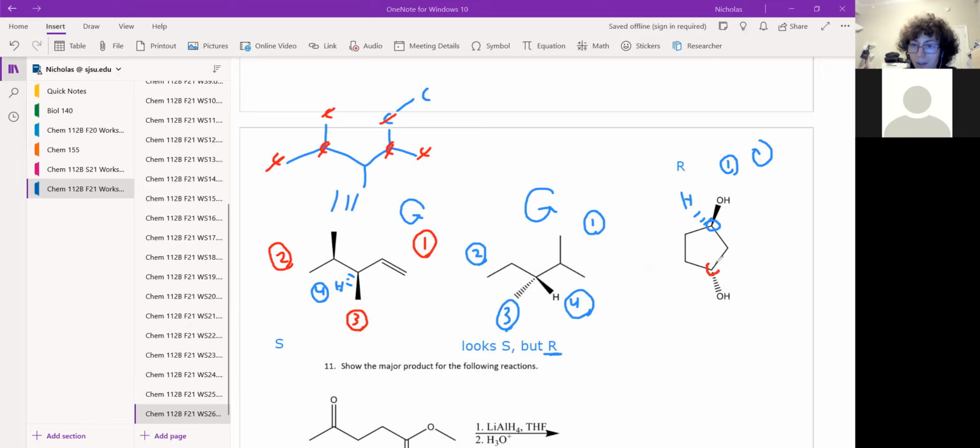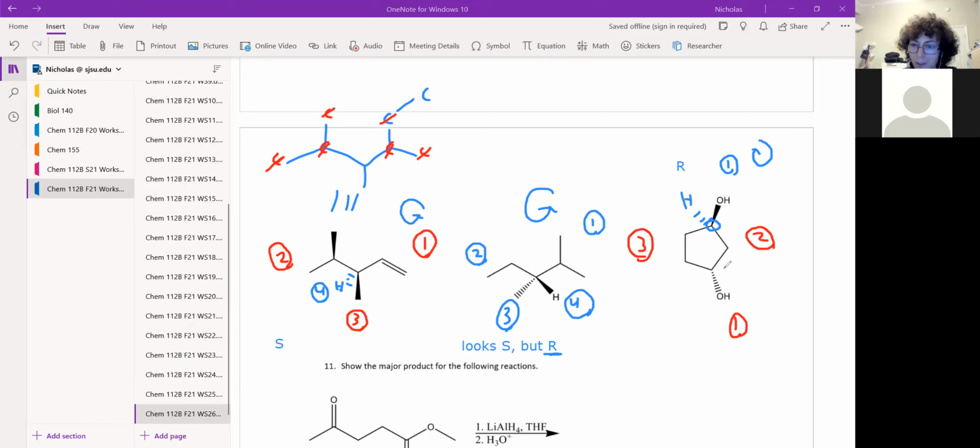So now looking here, this is also a chiral center. It's the same kind of priority as the last one. The alcohol is number 1, going towards the alcohol is number 2, going towards the other one is 3. And then this is 4.